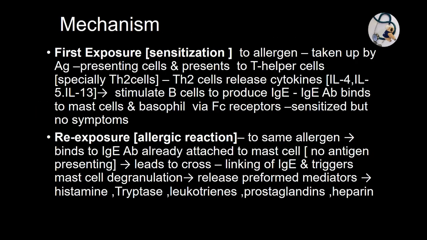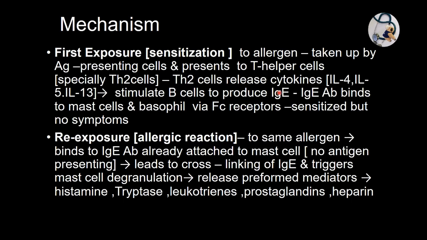The mechanism of type 1 hypersensitivity reaction in more detail. In first exposure, the person gets sensitized. Soon after the person is exposed to the allergen, this allergen is taken up by antigen presenting cells and is presented to T helper cells, especially the Th2 cells.